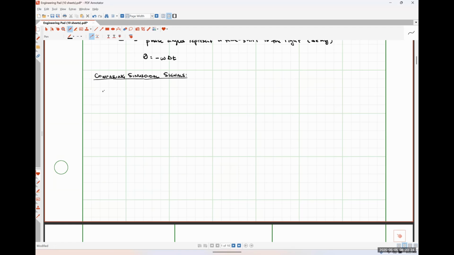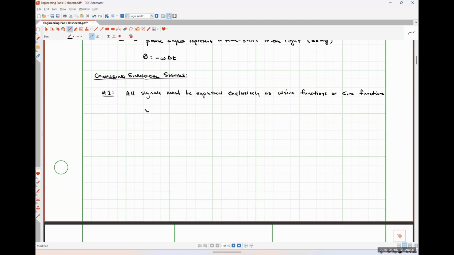So the first rule is that all signals must be expressed exclusively as cosine functions or sine functions, okay? So let me explain exactly what I mean by that.